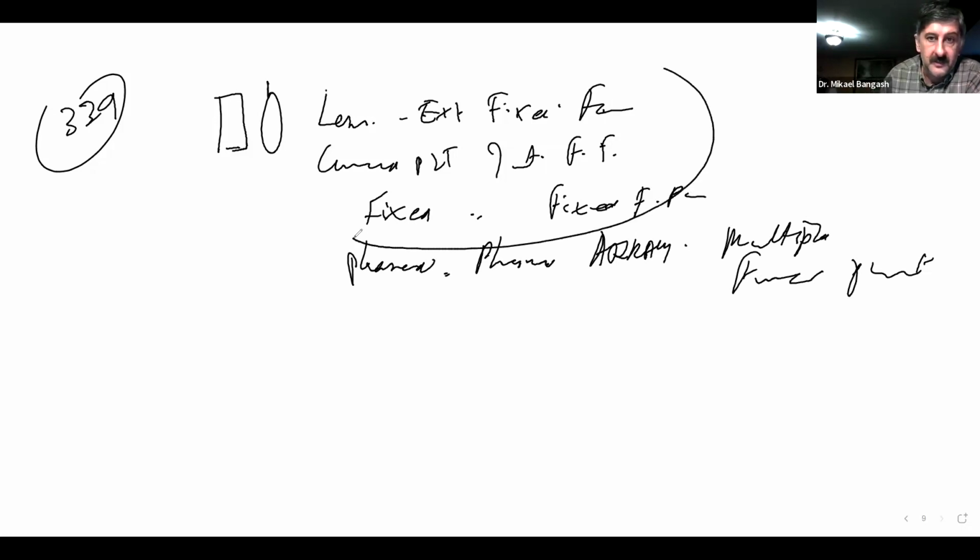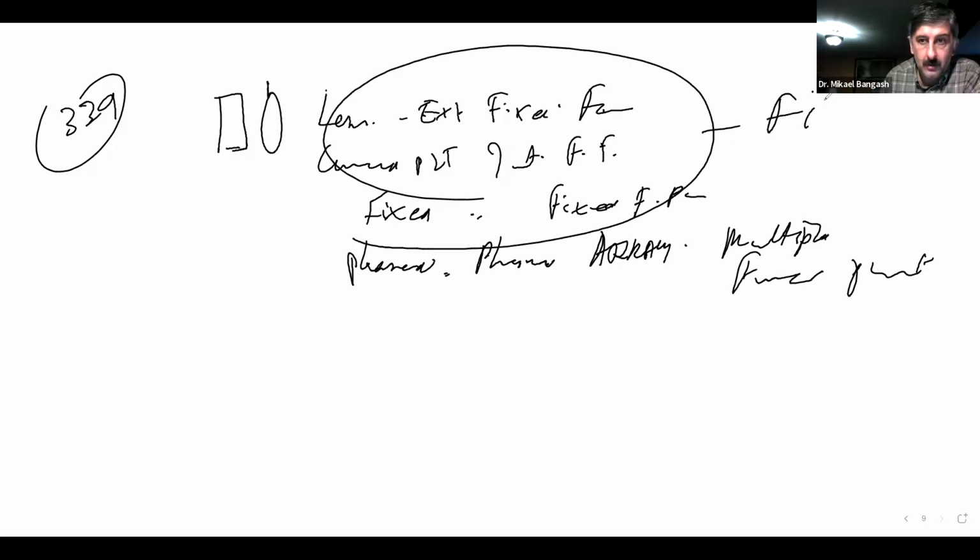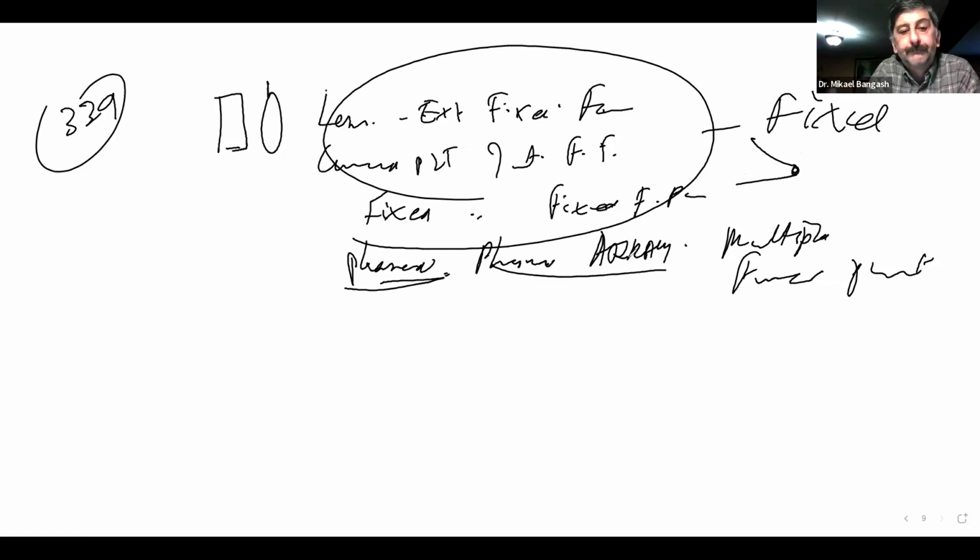So these were all fixed focus, where we're just able to focus at one fixed point and not change it, which we were able to do in phased array transducers.